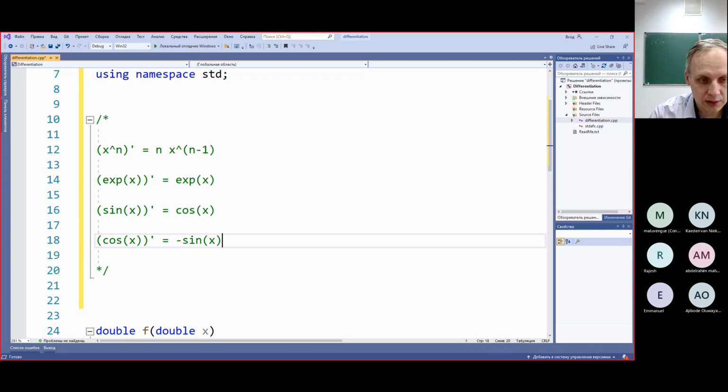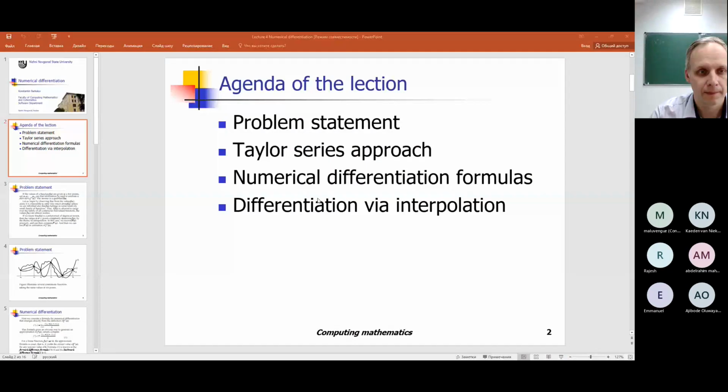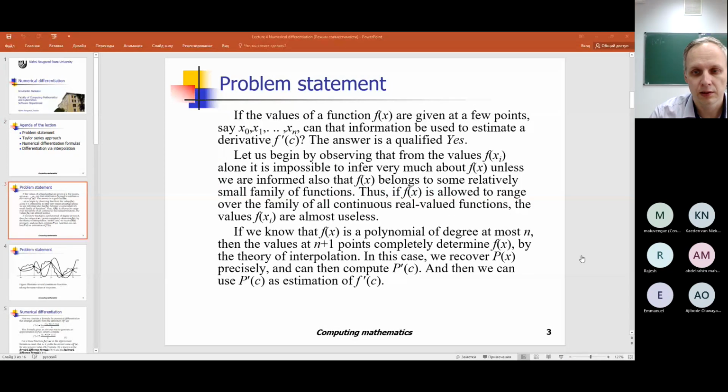This goal is also written in my presentation. Now I switch to the presentation. So it's written exactly as I told you. Suppose we don't know a function.